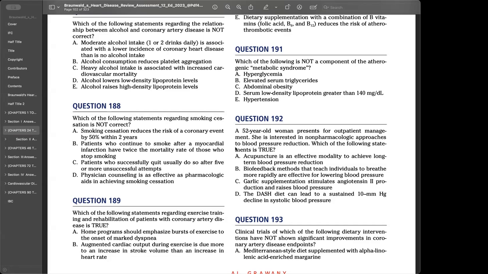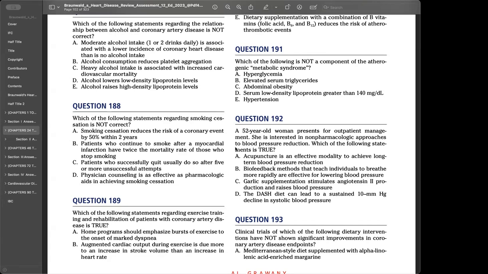But for most of those studies, the evidence is really inconclusive, and the quality of the data was not that wonderful. So it causes an acute and then non-sustained reduction. Looking at option A, acupuncture is not an effective modality to achieve long-term blood pressure reduction.